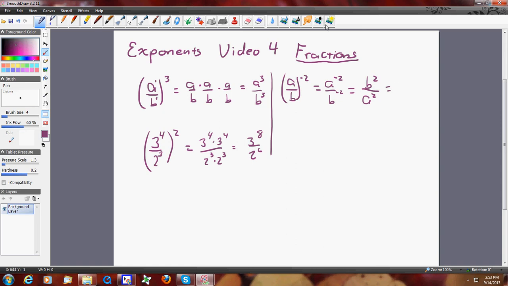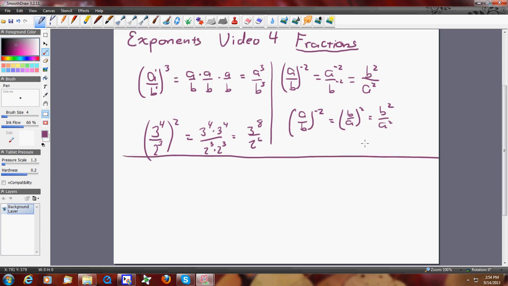So, actually, I'm going to erase that equal sign. If you have something like that, all you have to do is swap those and make that positive. I'm going to rewrite it. You could swap the numerator and the denominator, find the reciprocals, and then make that positive. And then you're left with b squared over a squared. Now that's all.